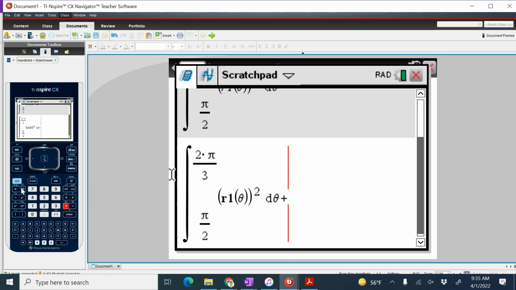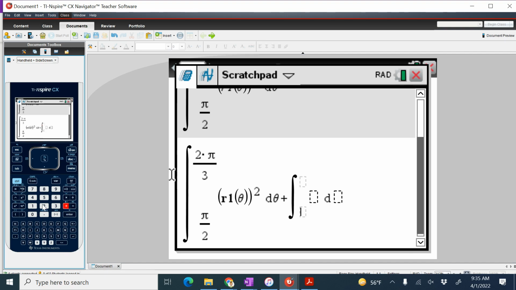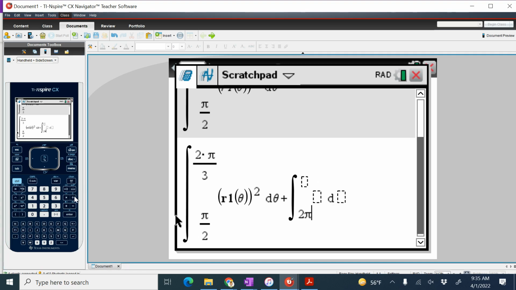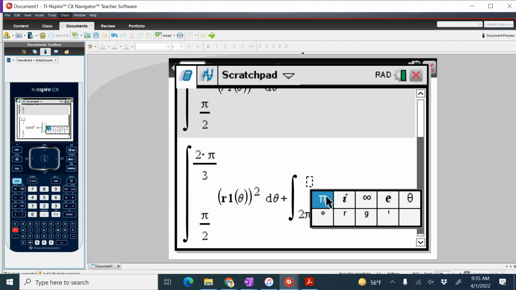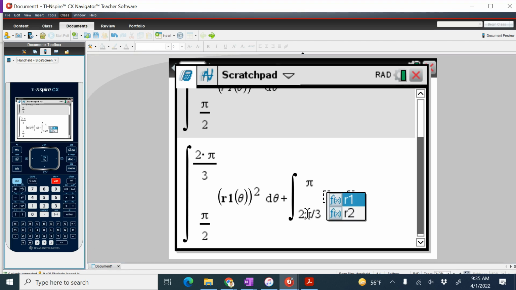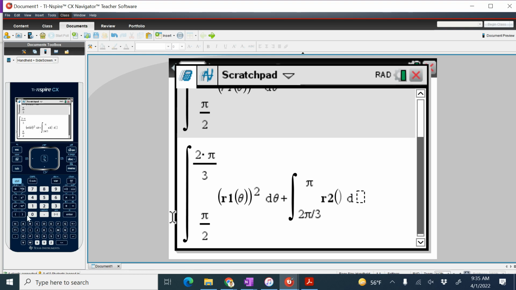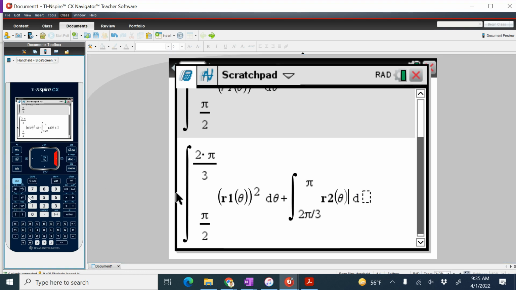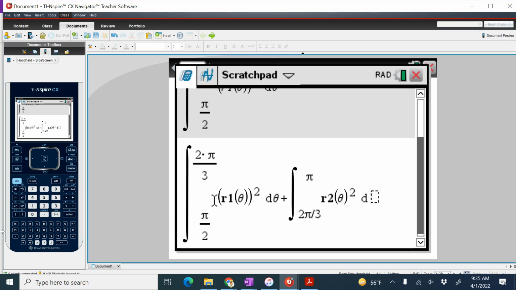All right, I'm going to do shift plus again. And this time it's going to go from 2 pi over 3 to pi. And then we're going to go var R2 of theta. Don't forget to square it, d theta.